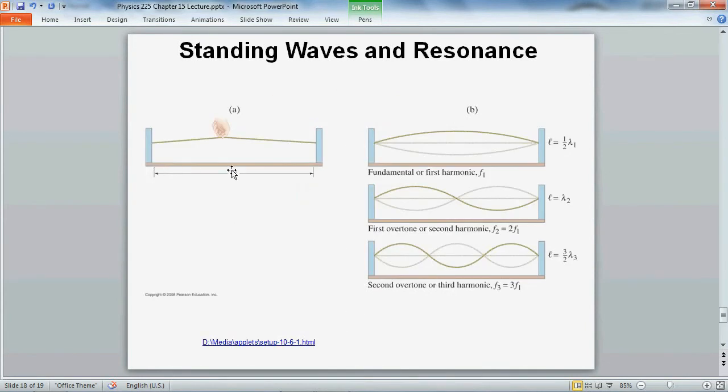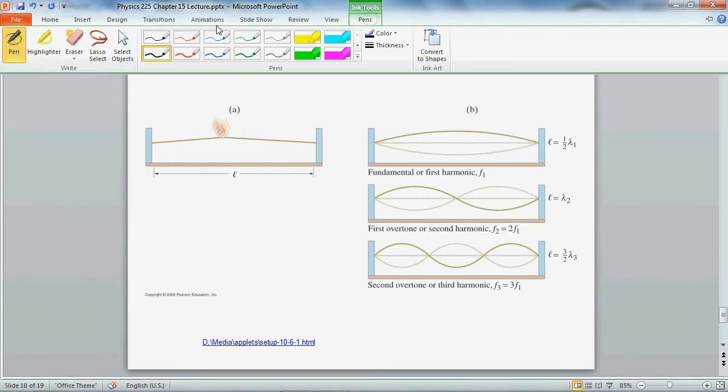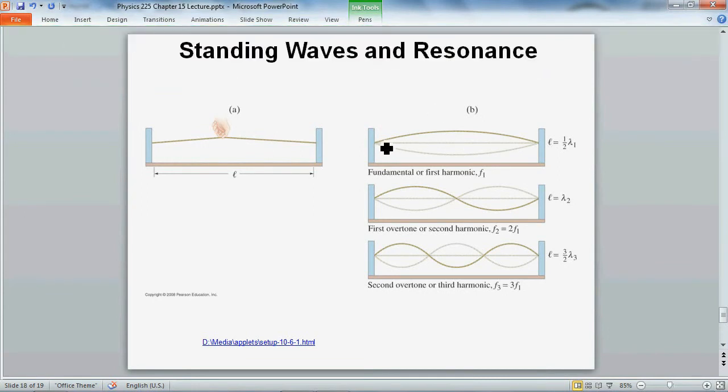So if we have this length of the string defined by L, in this case we fixed both ends and we pluck the string, then the length is going to be 1/2 of the wavelength. So here, as we showed before, here's the one wavelength, and so the length is equal to 1/2 lambda.